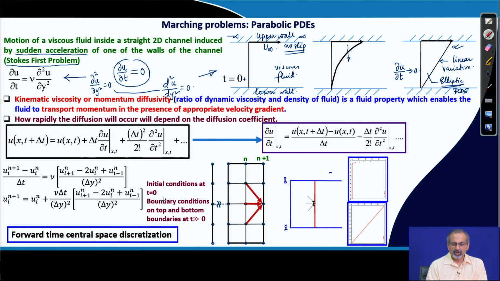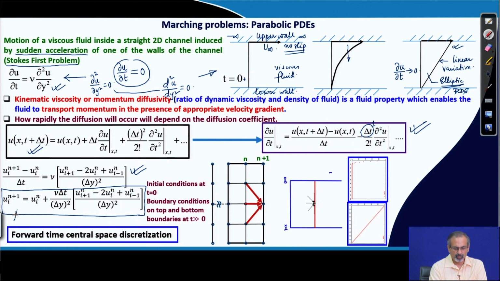Now, in order to solve this problem, we have to expand u in time also. So, we use the Taylor series to expand it in time, and we obtain an expression for del u del t, which is first order accurate in time because the index is 1 here, and we substitute it on the left hand side of the governing equation, and then the right hand side is discretized using central differencing scheme, which is second order accurate, and we rearrange the terms and the final form comes up like this.